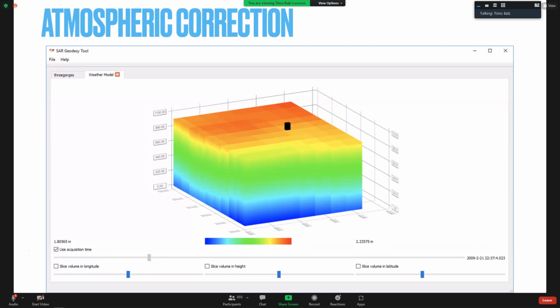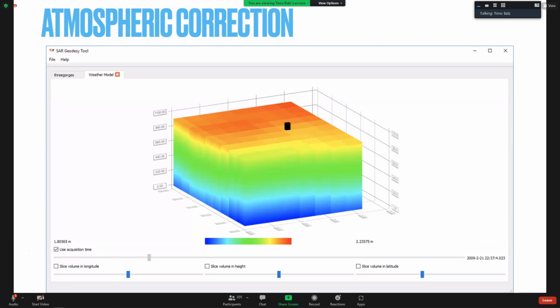If you have relatively smooth changes in the weather condition, you can interpolate well. However, if you have a very dynamic weather situation with a very coarse resolution, the interpolation will not work very well for you. Okay, so that's the problem of them.